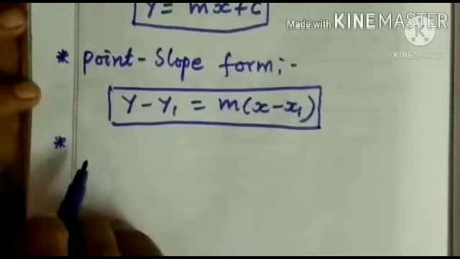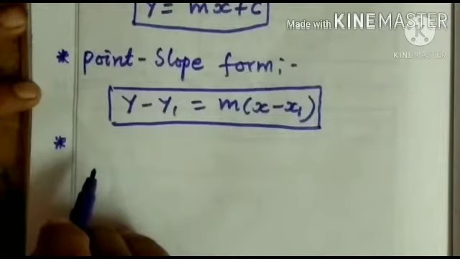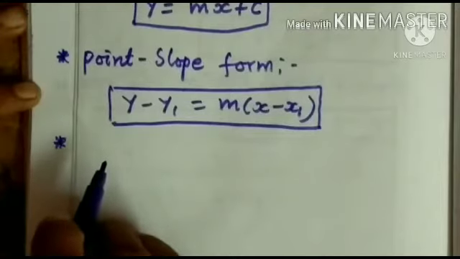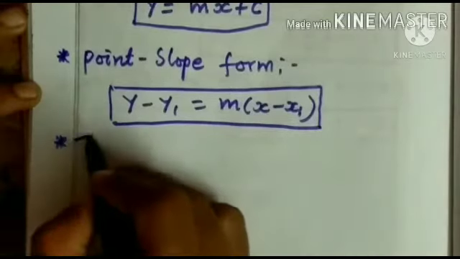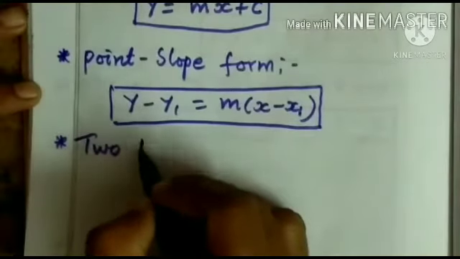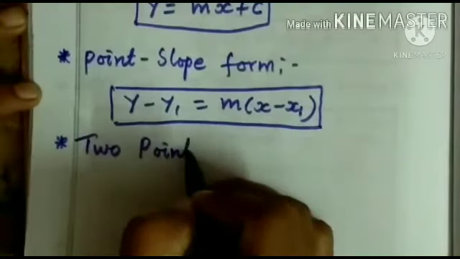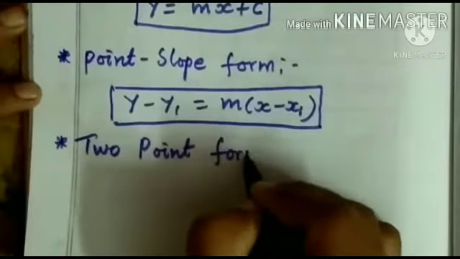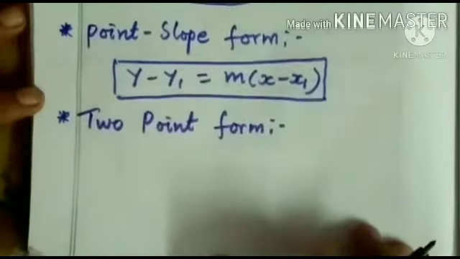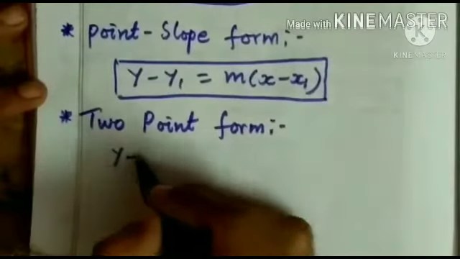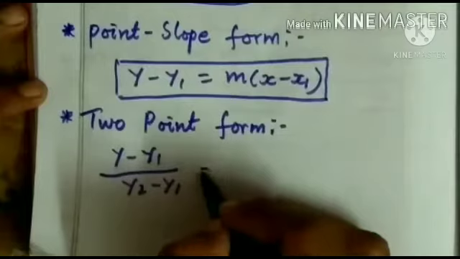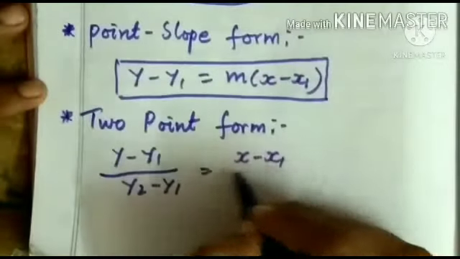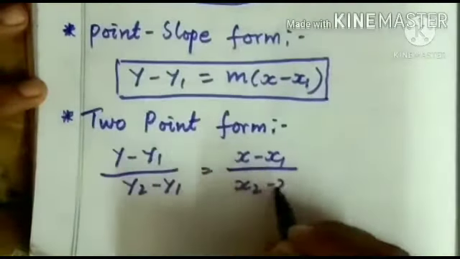Next formula, if a straight line passes through the points x1, y1 and x2, y2, then the equation of the straight line by 2-point form is y minus y1 by y2 minus y1 is equal to x minus x1 by x2 minus x1.